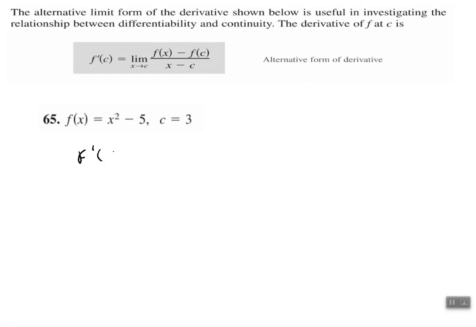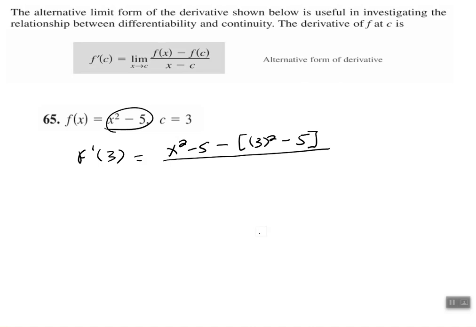So f prime of 3 would be equal to the function f of x, so x squared minus 5, minus f of c, so 3 squared minus 5, replacing x with c, and c is equal to 3, all over x minus c.